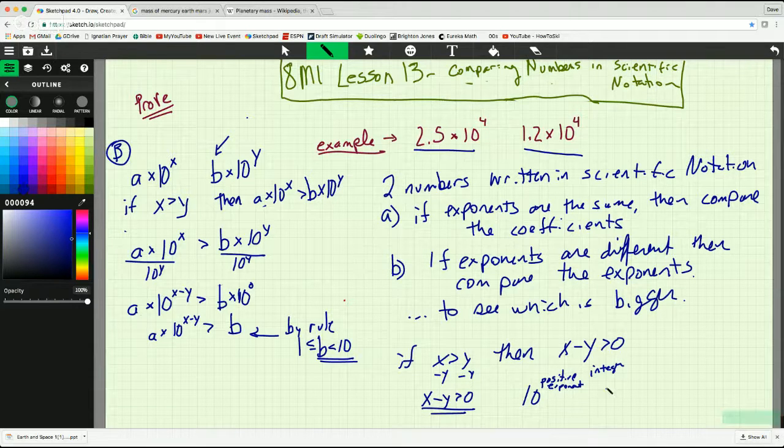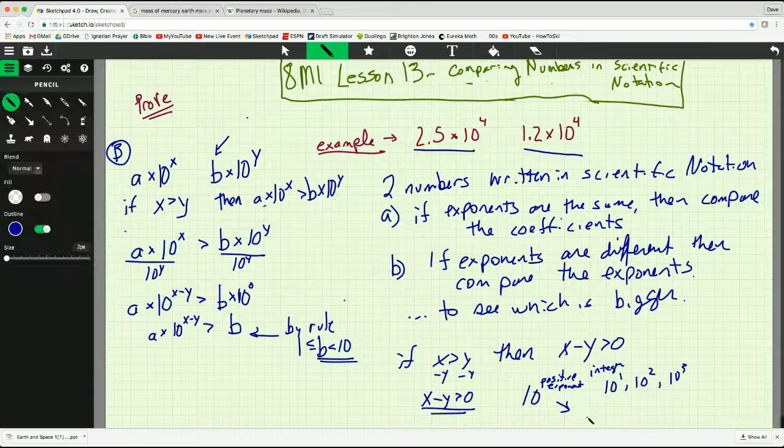So the smallest positive integer would be 10 to the 1, but it could be 10 to the 2 or 10 to the 3. So 10 to any positive exponent is greater than or equal to 10. So 10 to the x minus y has got to be greater than or equal to 10. So the smallest number is 10.